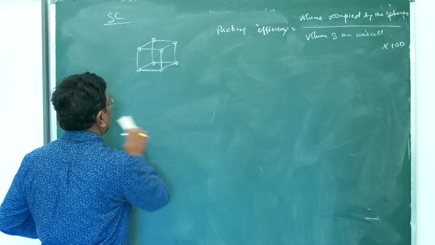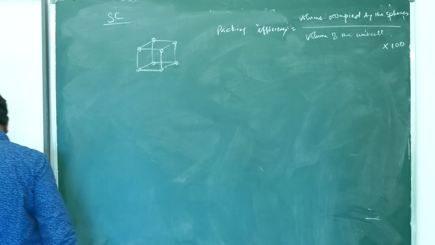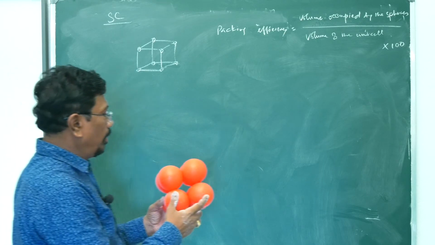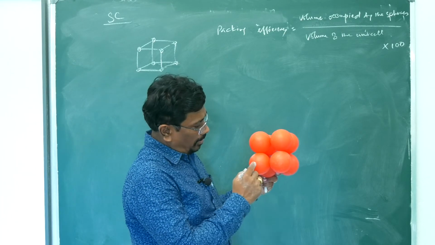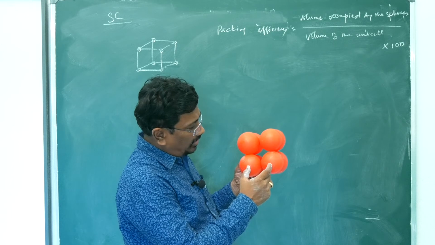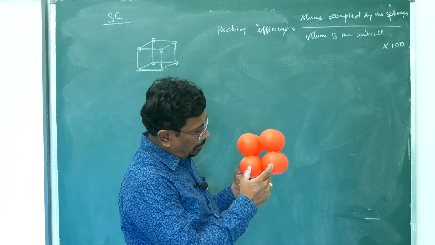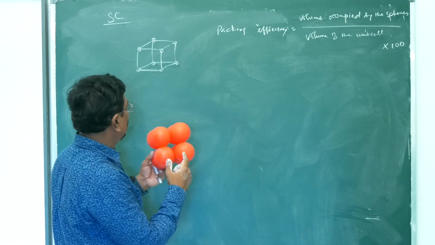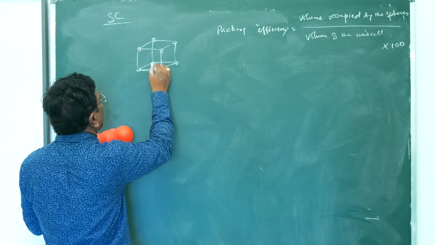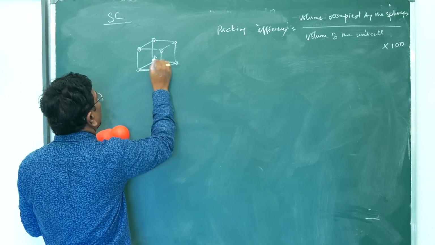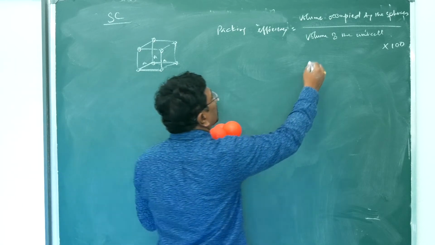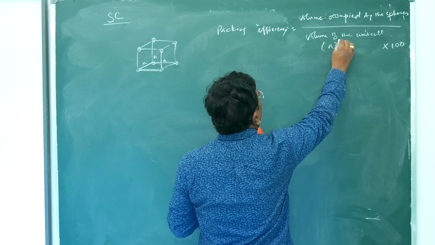Now, in the simple cubic unit cell, I have shown you already, if you go in for the centers, the distance between these two centers is the edge length, a. So, volume of the unit cell is simply a cube.